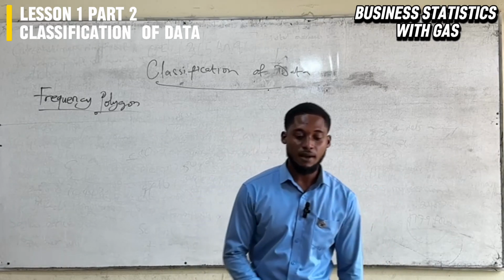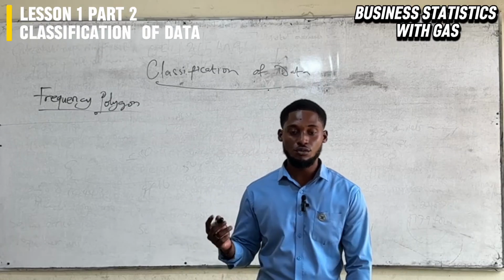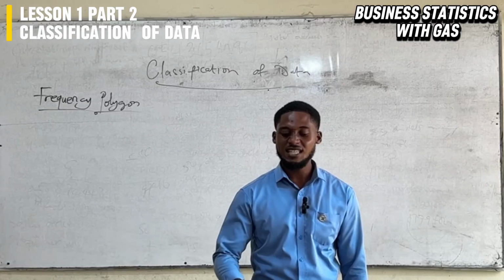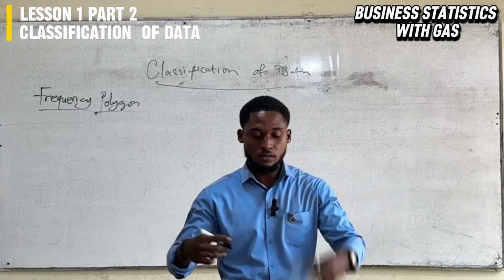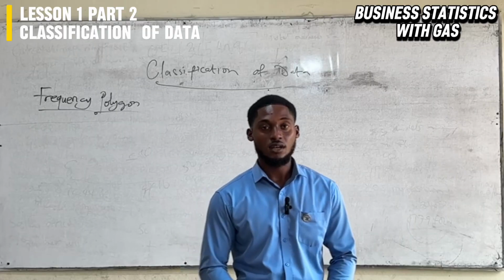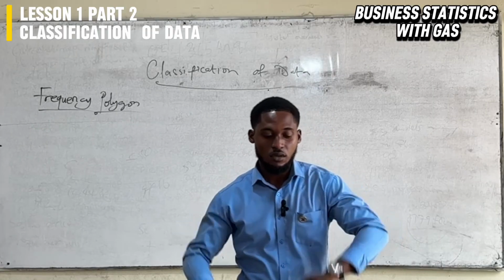It can be obtained by connecting the midpoints of the tops of the rectangles in the histogram. To complete the polygon, the midpoints at each end are joined to the immediate lower or higher midpoint at 0 frequency. Now, we have a question we would have to solve for you to get the concept of it.